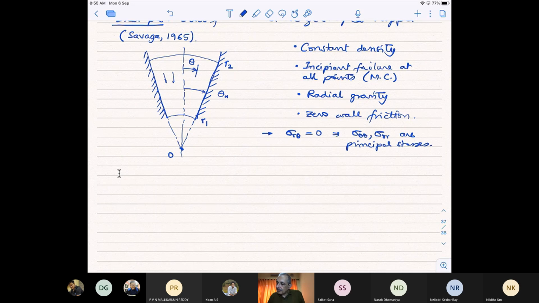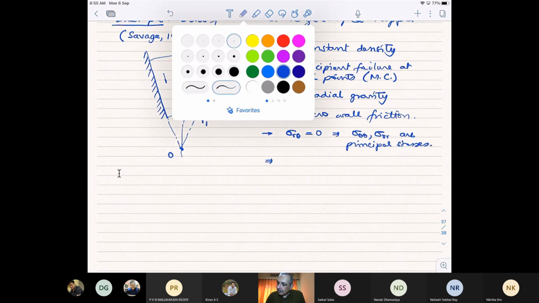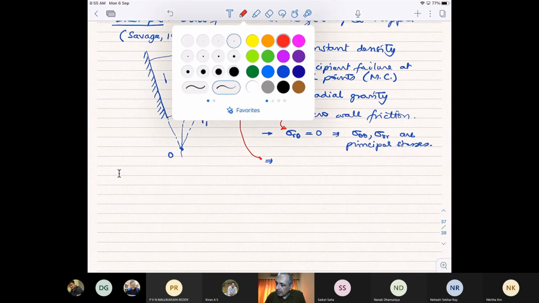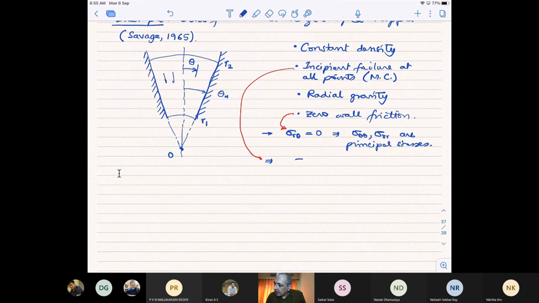Okay, so because of all these assumptions, you get this simplification from zero wall friction, and then from incipient failure, what we get is that sigma theta theta divided by sigma rr is equal to k.